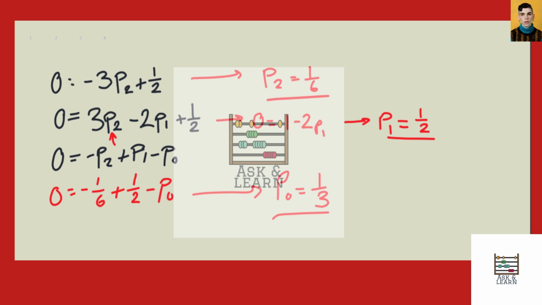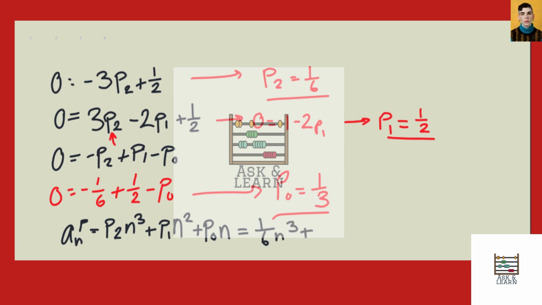So all of those are solved, and our particular solution is going to become, so it was p2 times n cubed plus p1 times n squared plus p0 times n. So this becomes 1/6 times n cubed plus 1/2 n squared plus 1/3 n.